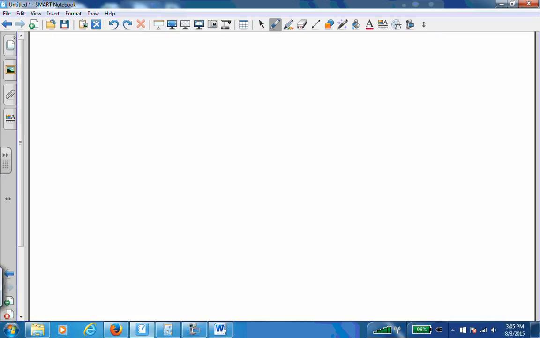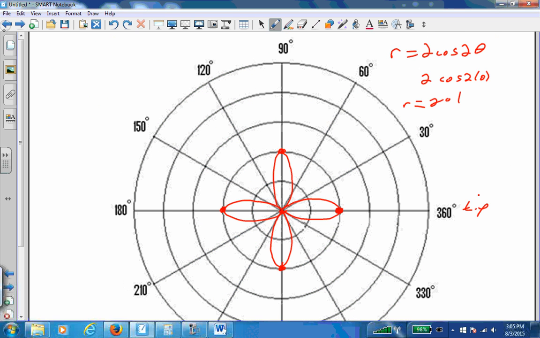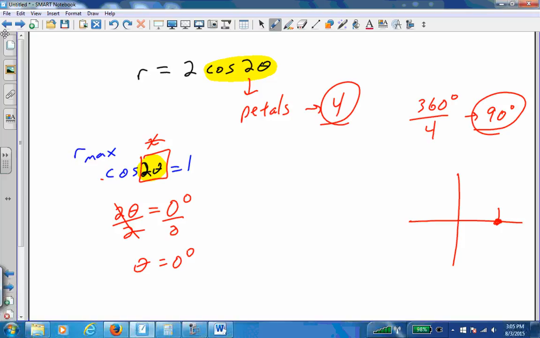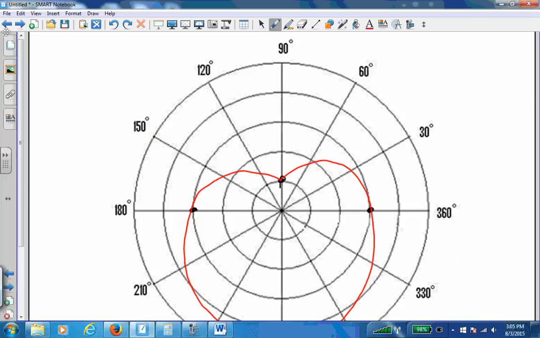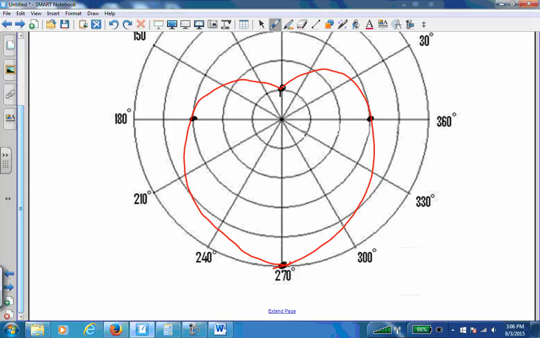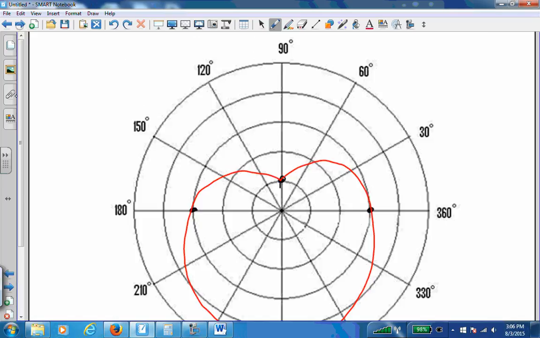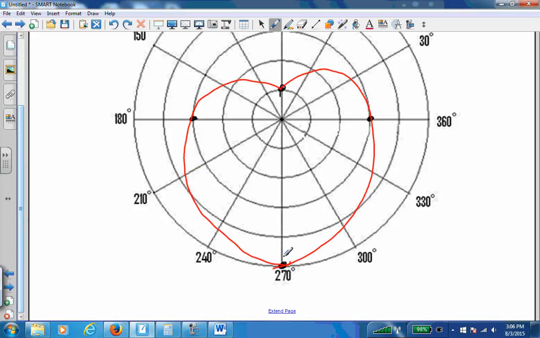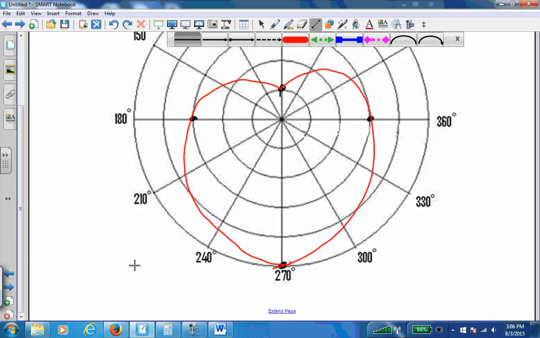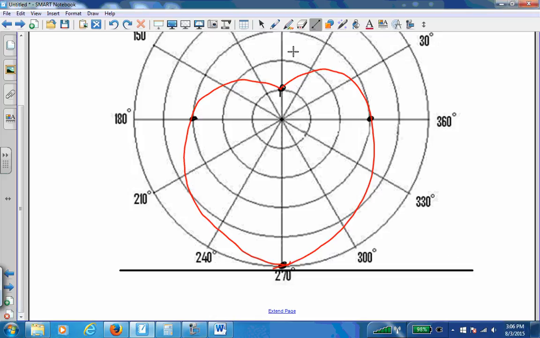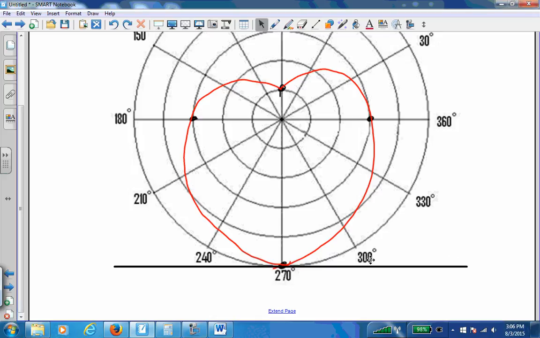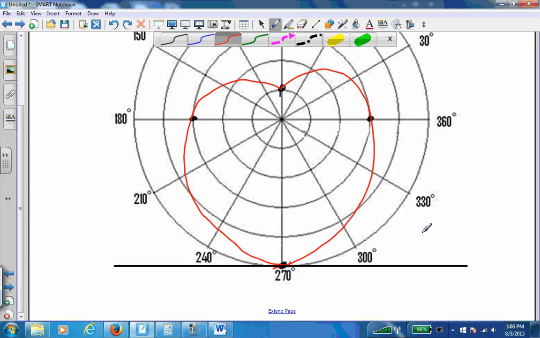Let's see, let's go back to this one. That's the one I want to do. 3 minus 2 sine theta. And let's try to verify that the slope at 270 degrees really is 0.